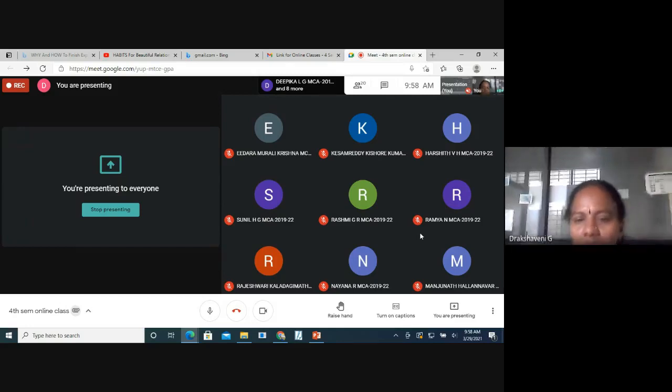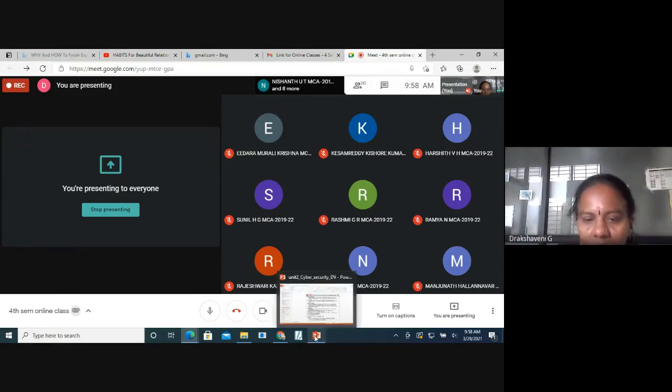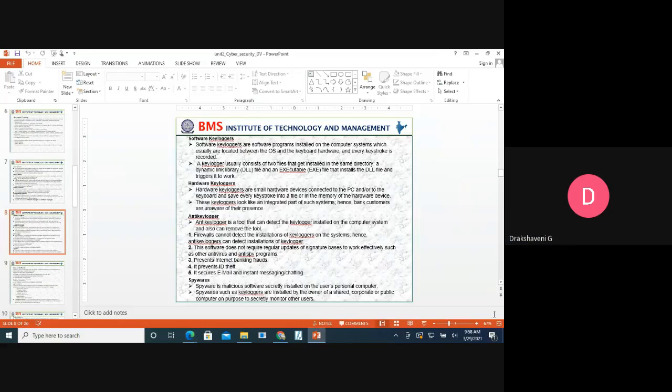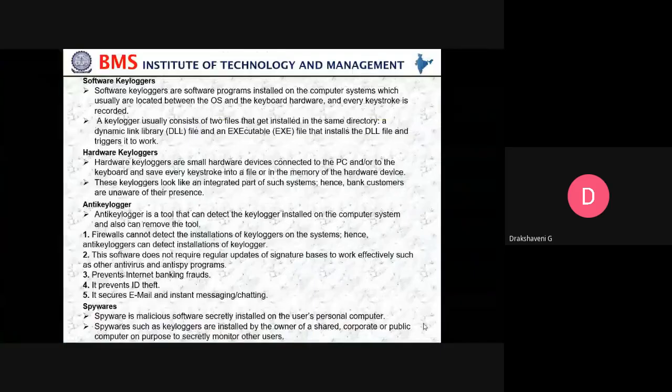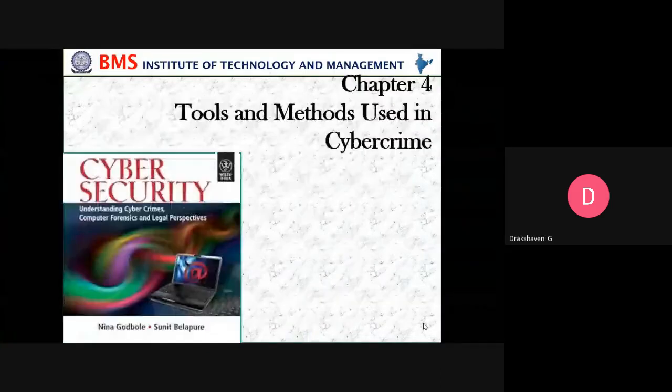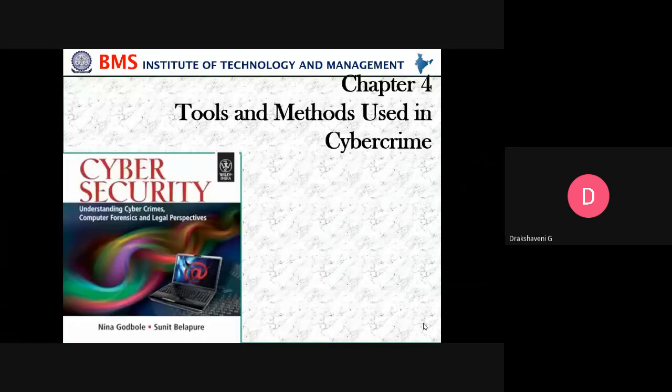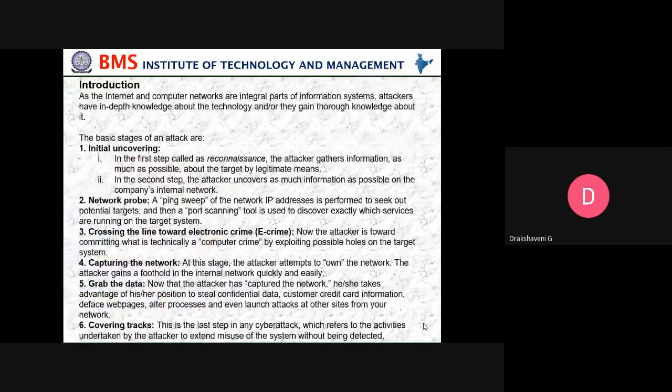Okay, so we were seeing about... we'll just have a brief summary of what we have done till now. So far we have started with how the tools and methods are used in cyber crime, and we have seen the introduction.